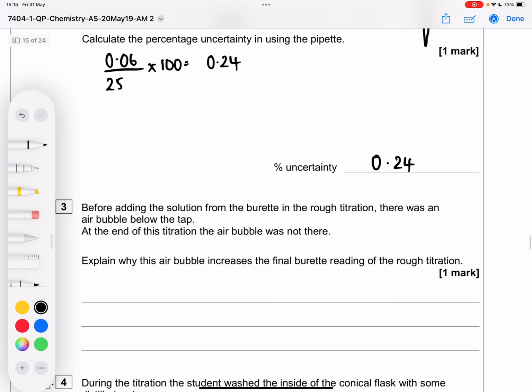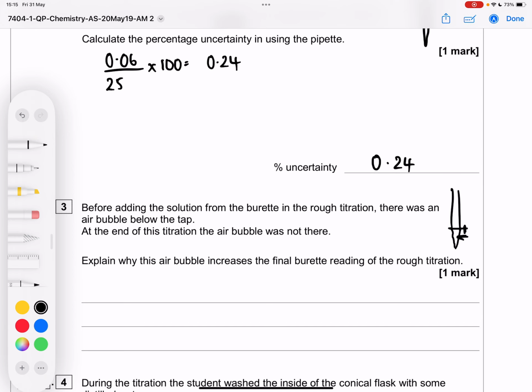Before adding the solution from the burette in the rough, there was an air bubble below the tap. So you remember that you have the jet space at the bottom and the tap. So there was an air bubble in this part here below the tap. At the end, the air bubble was not there. Explain why the air bubble increases the final burette reading of the rough titration.